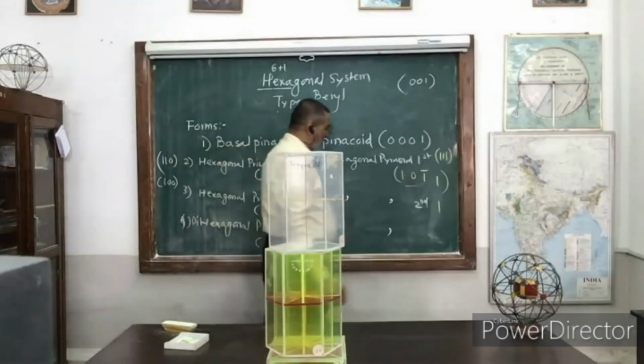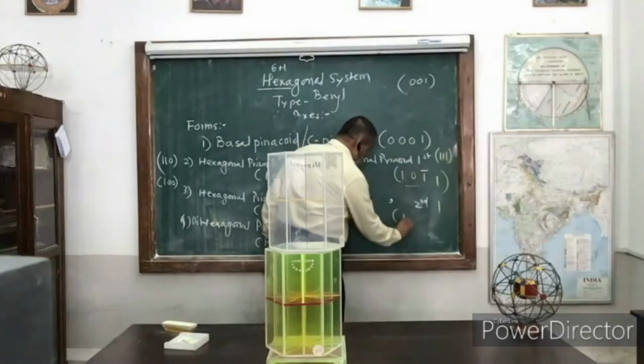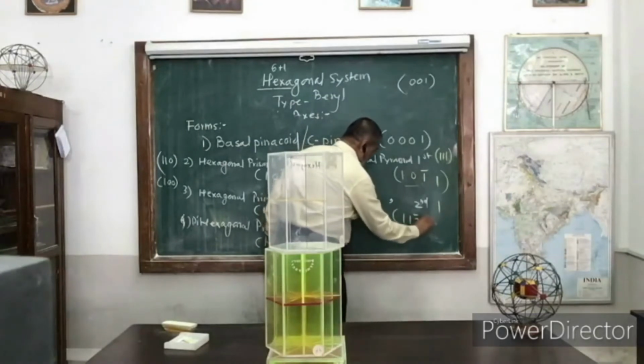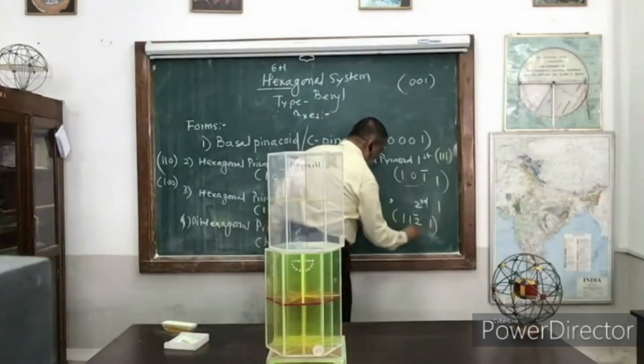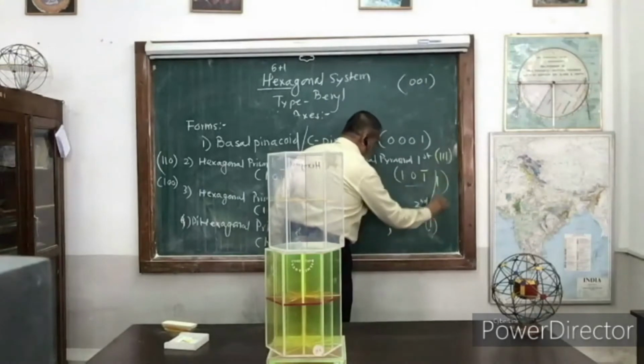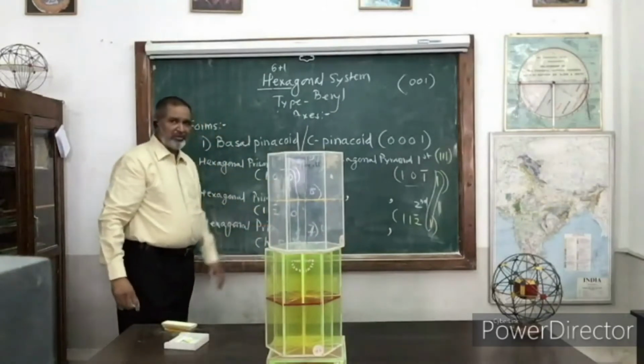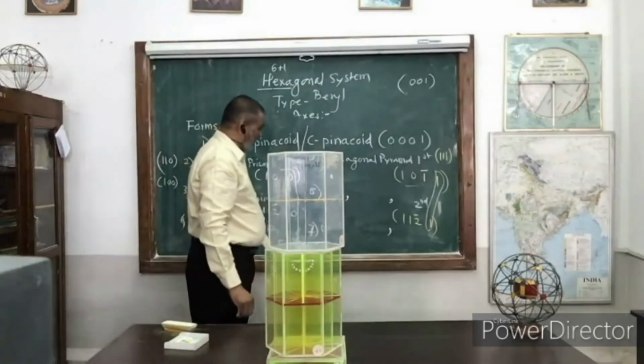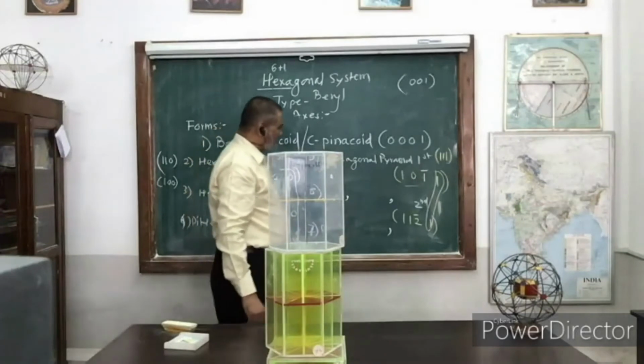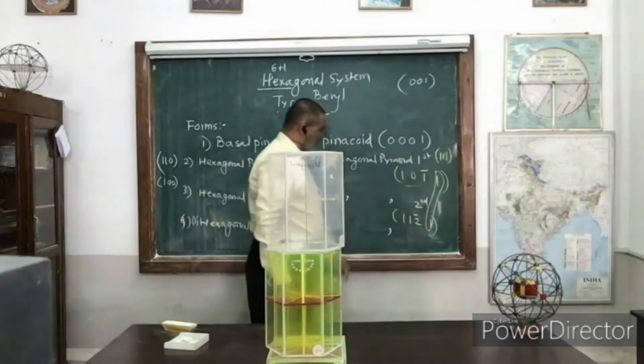Come to the second order one. One more axis will cut. 1, 1, bar 2, 1. So C is cut in both cases because it is an inclined one. Here it is vertical, sorry, it is parallel, but in this case it is inclined, so it is going to cut.